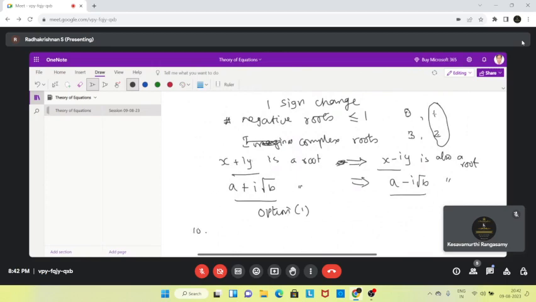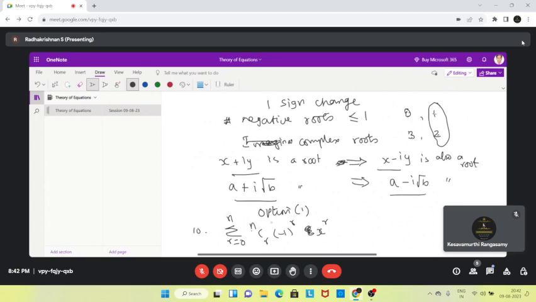Now comes the last problem. The number of positive zeros of the equation sigma r equal to 0 to n, nCr into minus 1 to the power r, into x to the power r, because x power r into 1 power n minus r.